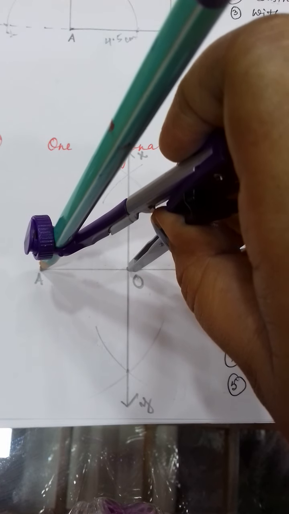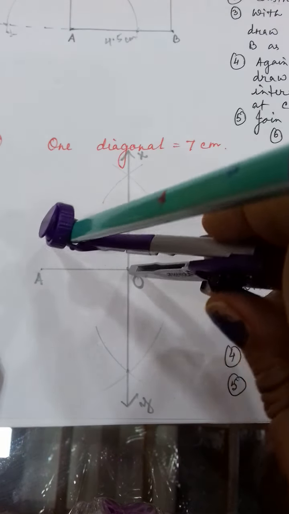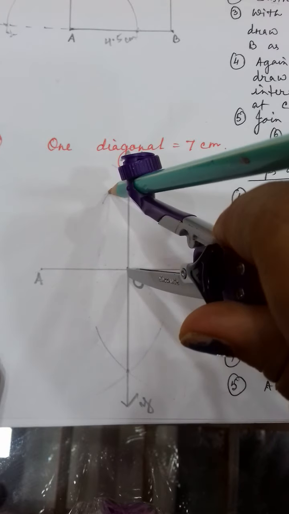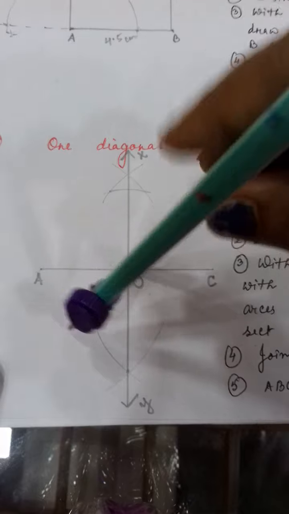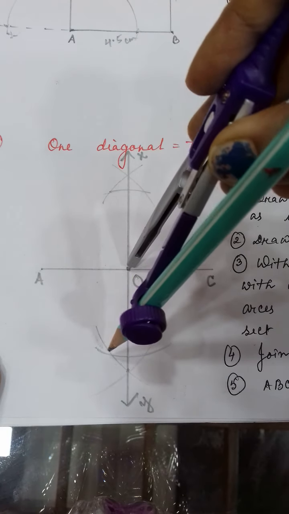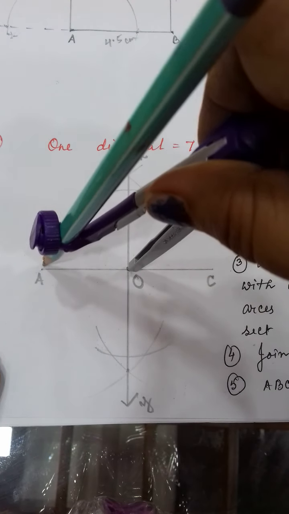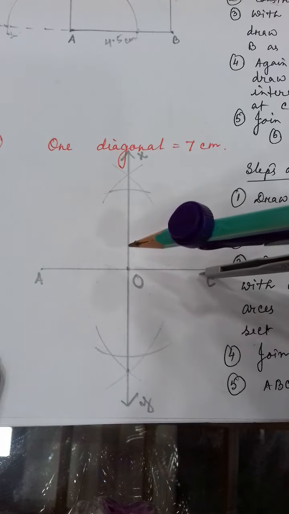Have you seen? Taken half of radius OA. With this measurement, draw one arc this side, and another arc on the opposite side of the diagonal. Clear? With OA measurement, this is the full line segment.